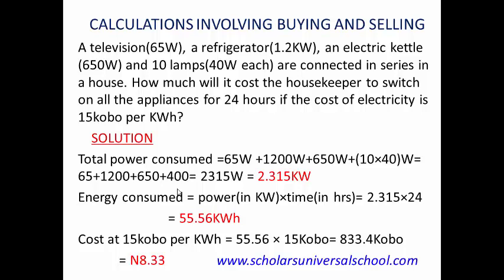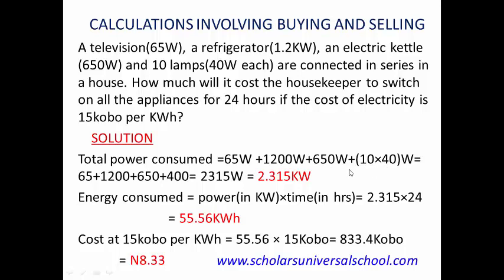I have converted my 1.2 kilowatts to 1,200 watts. Remember, kilo is 10 raised to power 3, so this is 1.2 times 10 raised to power 3 watts. So I have 1,200 watts plus 650 watts, which is the rating for the kettle, and I have 10 lamps, each of which is 40 watts.